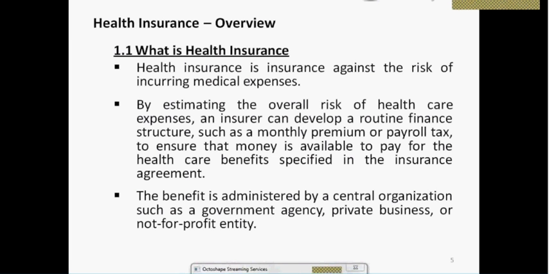So there is a benefit of taking health insurance. Basically, you're getting administered by a central organization, whichever agency it is, whether it's Medicare, Medicaid, or any other HMO or PPO or any other plan that you are with, right? So that's the benefit that you're getting. But at what cost? It is a monthly premium that you're paying every month to the company.